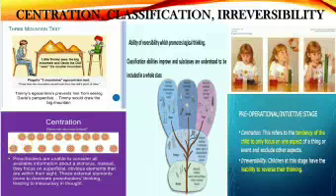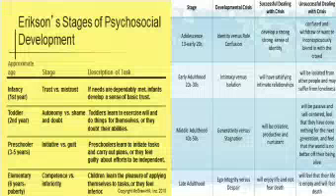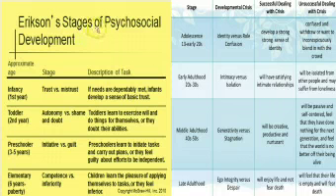Now, we switch and talk about Erikson. Piaget focused on cognitive development. Erikson focused on psychosocial development. And here he also has different stages. The first stage, age 1 year, is trust versus mistrust.